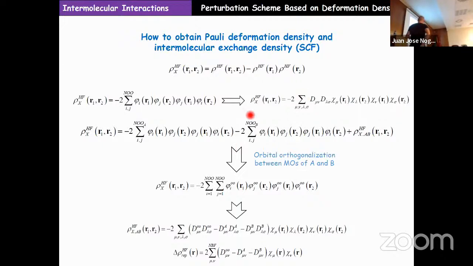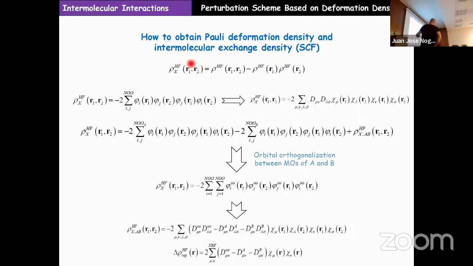So how to obtain it in Hartree-Fock, SCF, okay? We do the same for DFT using the Kohn-Sham orbitals instead of the Hartree-Fock ones. So this is for monodeterminantal wavefunctions.